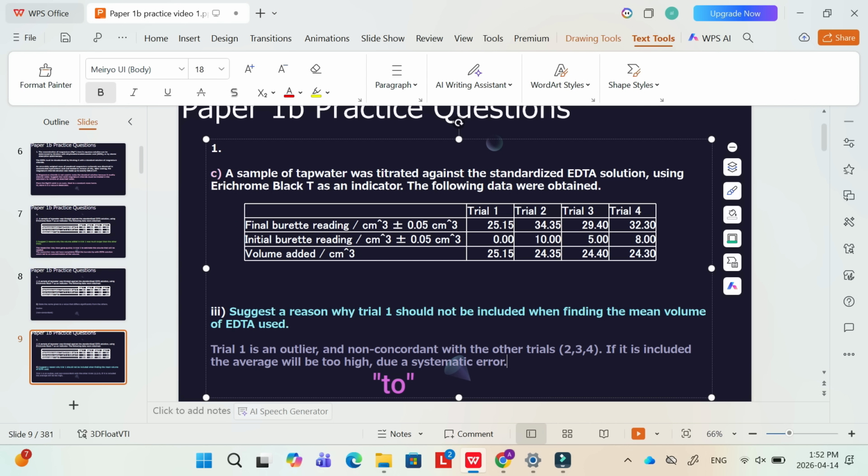So again, the reason might be that they went quickly to guess the amount of volume in trial 1, or maybe they left the air on the tip, those reasons that we discussed previously. But in any case, it is a systematic error where it's too high. So you don't want to include it.